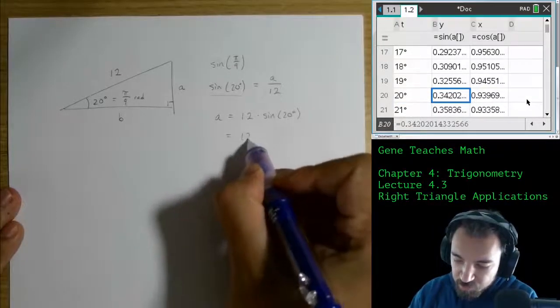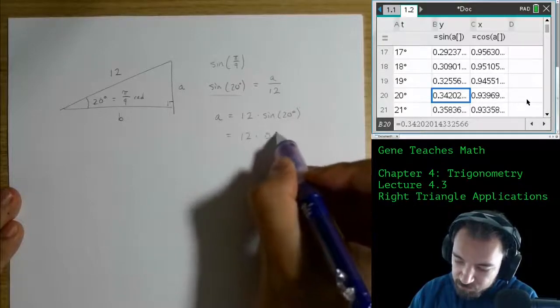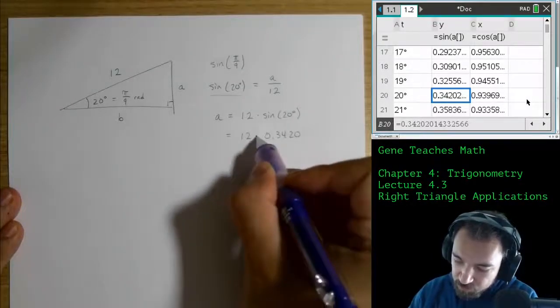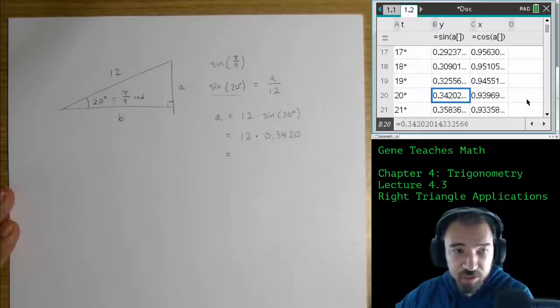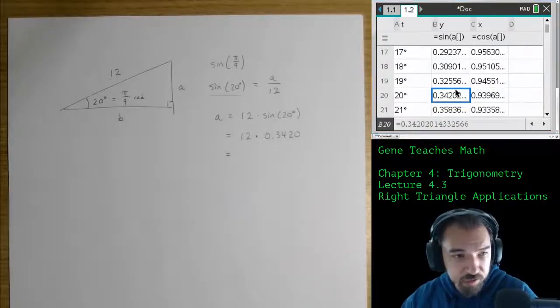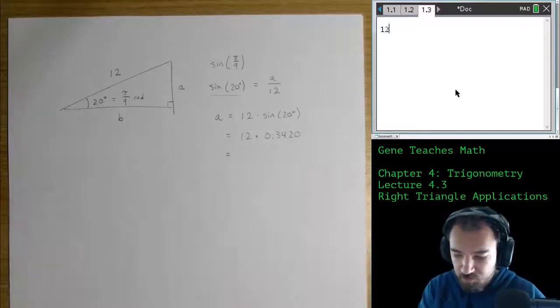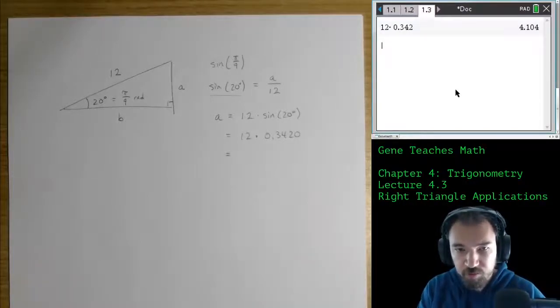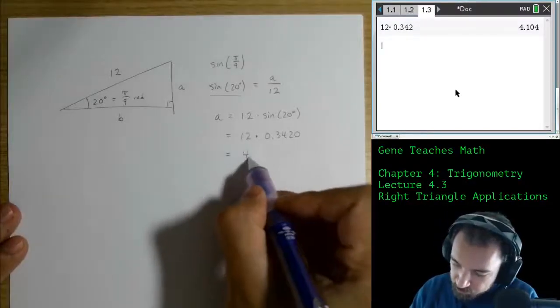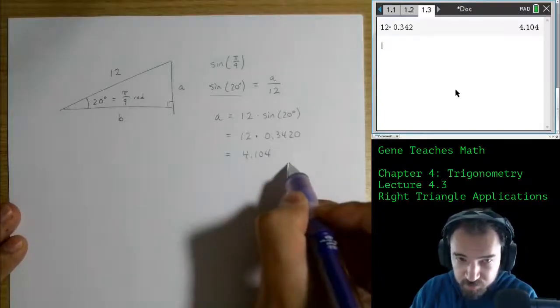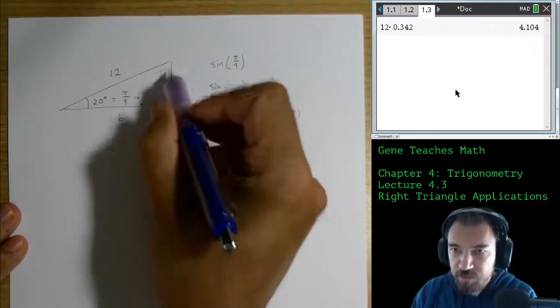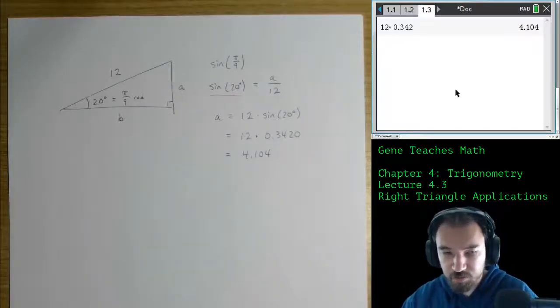I can write this as 12 times, rounding to 4 decimal places, 0.3420. And I can calculate this. I will go ahead and make a new calculator tab and punch in 12 times 0.3420. 4.104 rounded to 3 decimal places is the length of this height in the triangle right here.